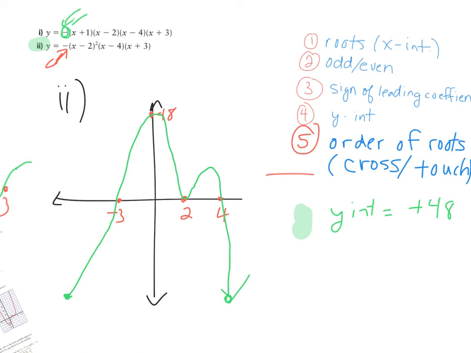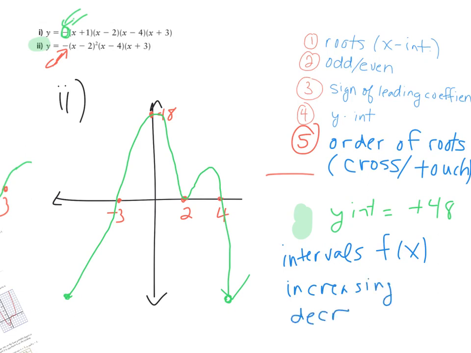There's one other piece to this that I want to talk about, which is that it might ask you to describe the behavior of f of x at each interval. If it talks about intervals where f of x is either increasing or decreasing, all they're talking about is different sections of the graph.